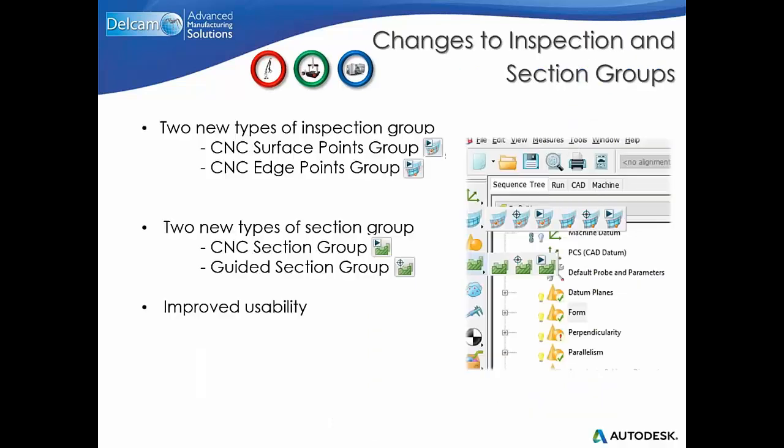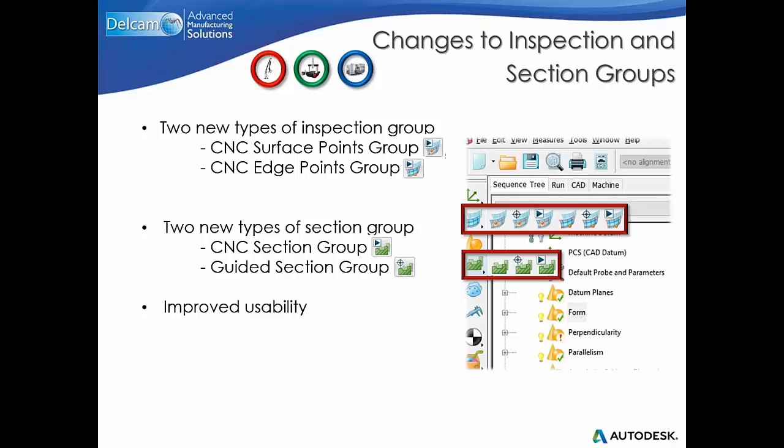A number of changes have been made to inspection and section groups. Now we have two new types of inspection groups and two new types of section groups. With CNC surface points, the user is able to automate the inspection of surfaces on a part that can obviously be repeated across measures, whereas with CNC edge point, the user specifies the probe path for edge points.